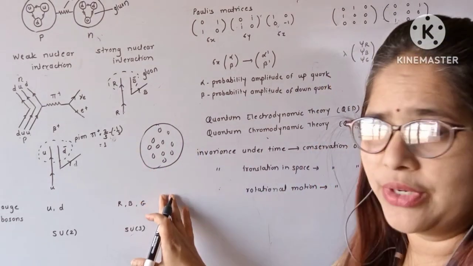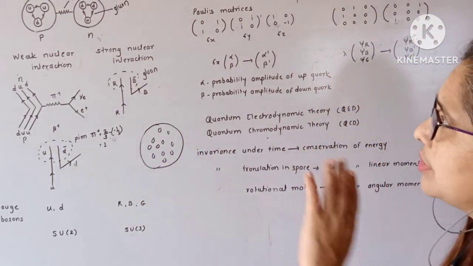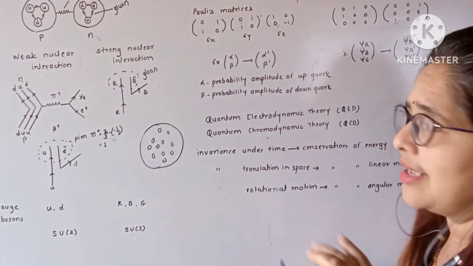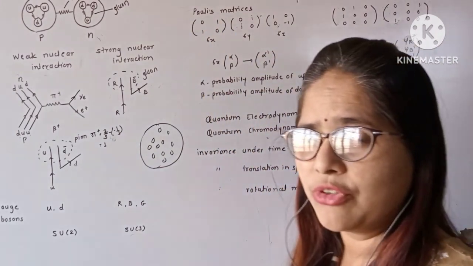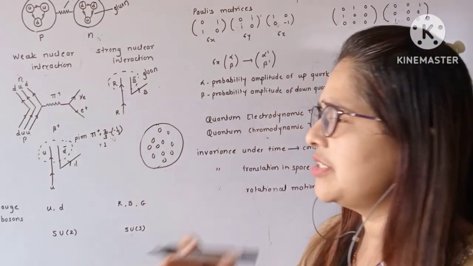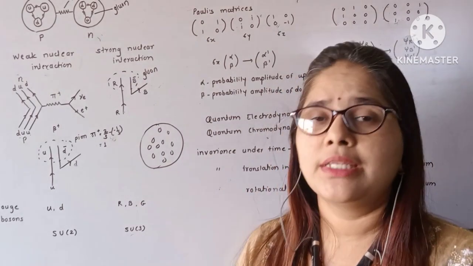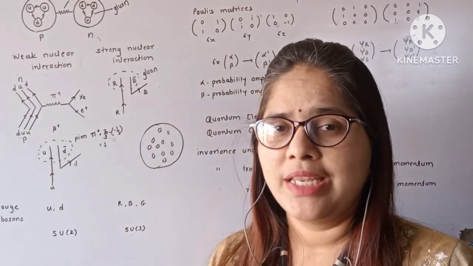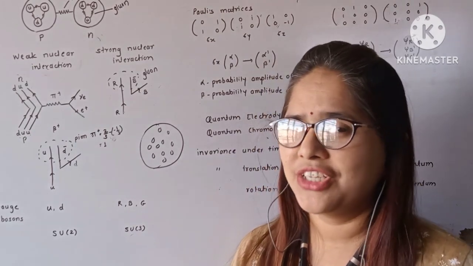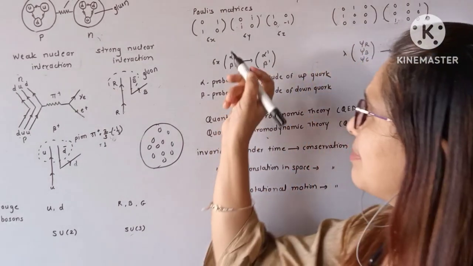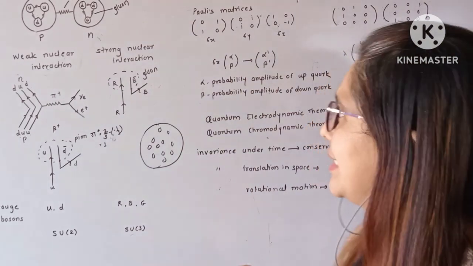Now, the Pauli matrices are good examples of SU2 symmetries, which are generally used to calculate the electron spin in x, y and z directions. They are represented by sigma x, sigma y and sigma z.